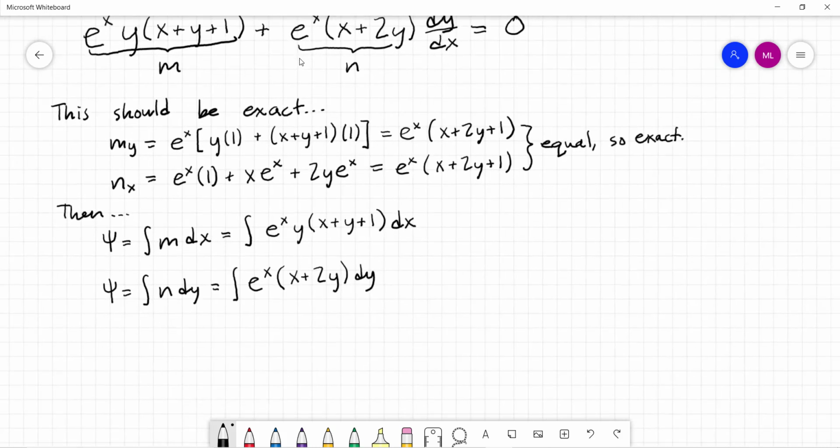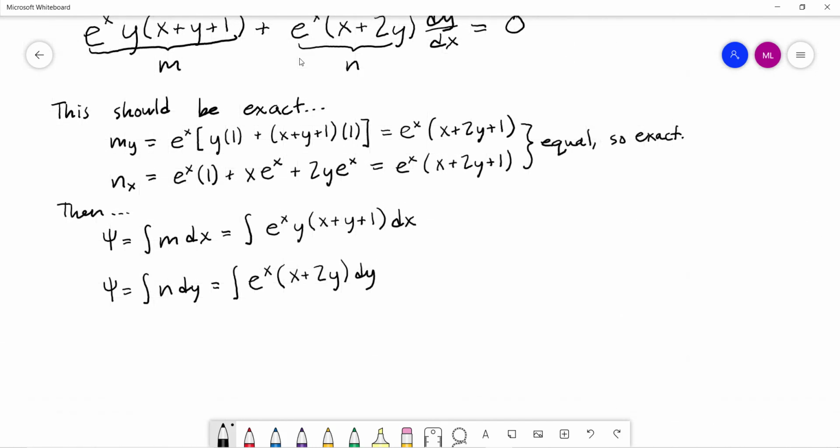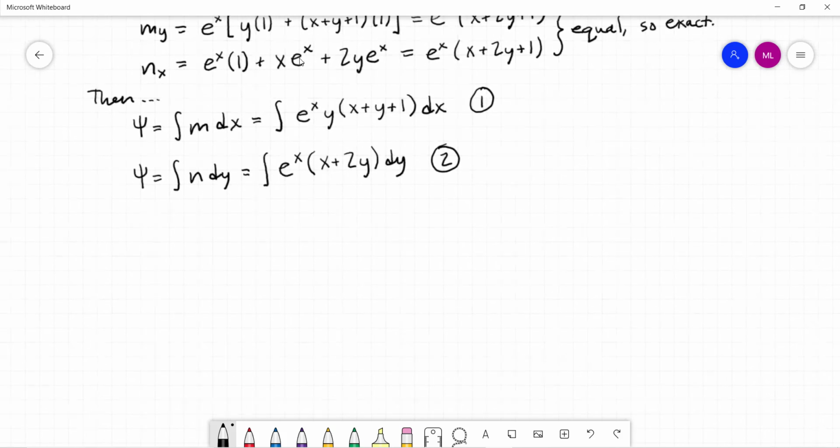Okay, so let's do these integrals. They don't look very pretty, but they shouldn't be too terrible. Let's call them 1 and 2 just to make them easier so I can do them in separate places down here so we don't run out of room. So let's start with number 1. I'm going to clean that up and write it as, let me distribute the y through and kind of break it up into some pieces here.